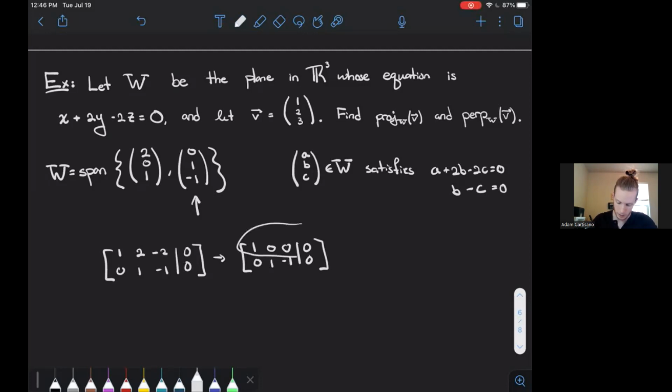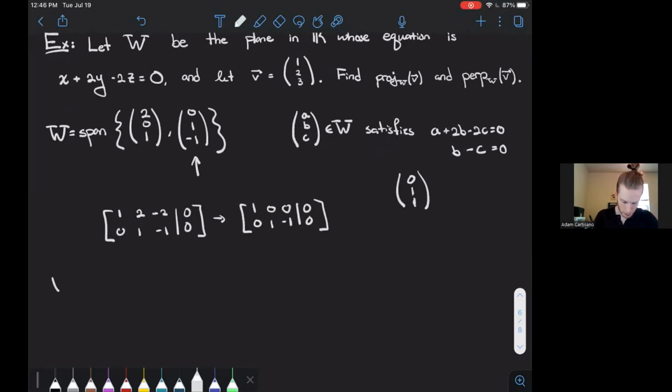Notice the first equation implies that x1 equals 0, and the second equation implies that b equals c. So 0, c, c. Let's do 0, 1, 1 with c equals 1. That seems really lame, but it is orthogonal to 0, 1, negative 1, and is inside of W.